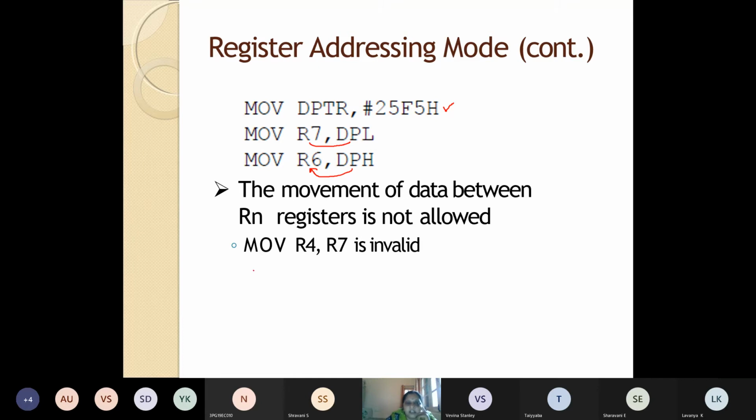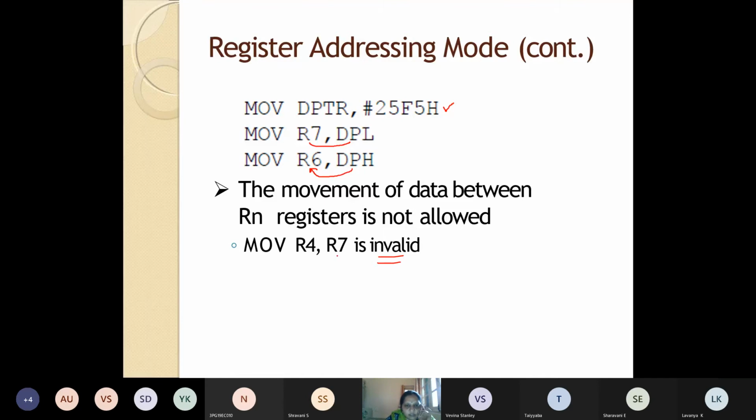Copying the content of one register to another, involving the registers of the register bank: between a register bank register and A, copying of data is valid. But if both source and destination are register bank registers, it gives an error.